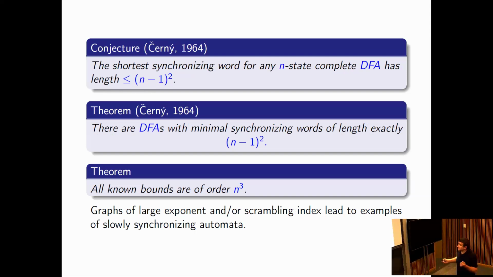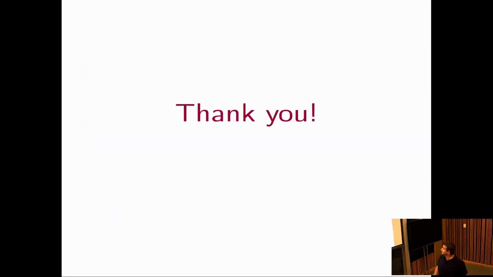So his conjecture, which is still open, tells that these are the best machines. But the bounds which exist up to now are of cubic order, to compare with quadratic order here. And it turns out that using the exponent and using the scrambling index, you could really produce slowly synchronizing finite automata. I will stop here.